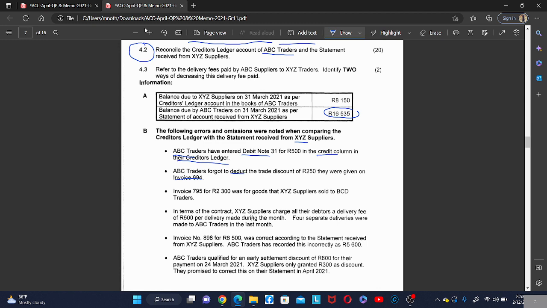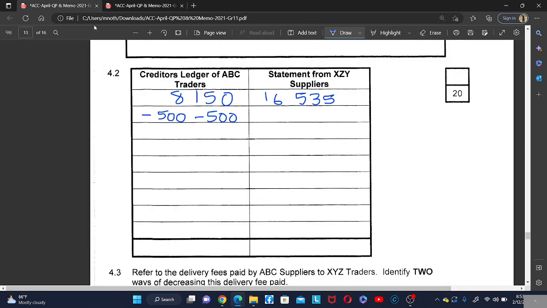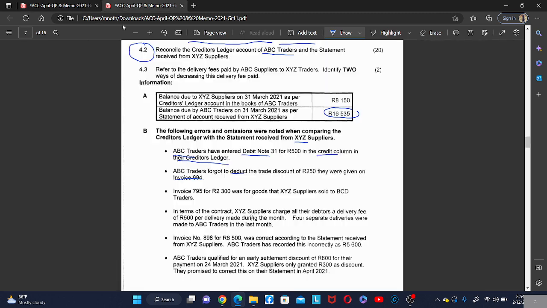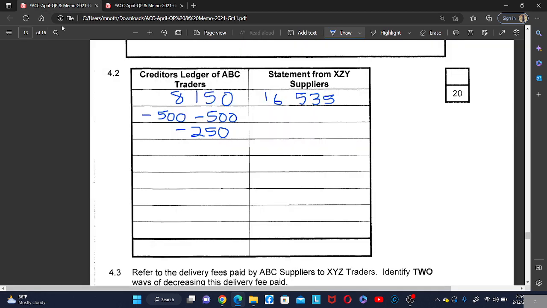So let's go and deduct it. So it is 250. And actually, they say that it's us as ABC traders who forgot to deduct this. So we have to go and deduct this. It's not the suppliers who forgot, it is us who forgot.